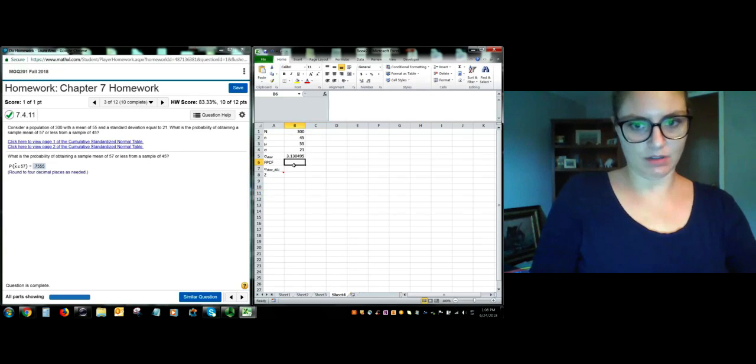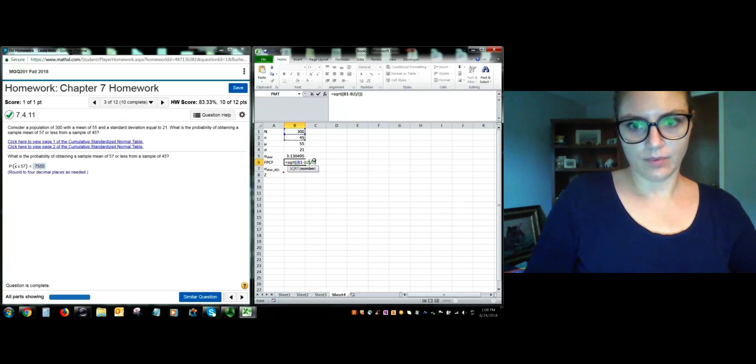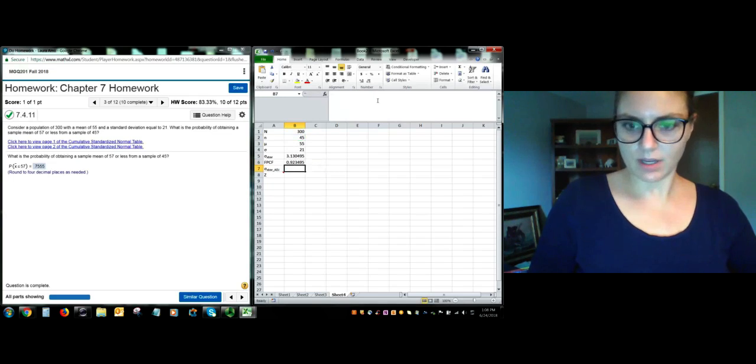So the finite population correction factor is given by the square root of big N minus little n divided by big N minus 1. Let's make sure this is correct.